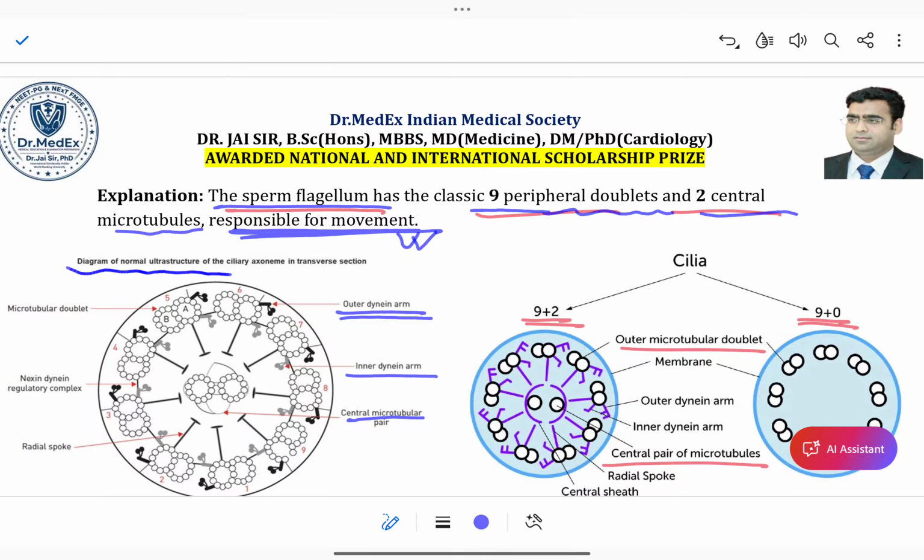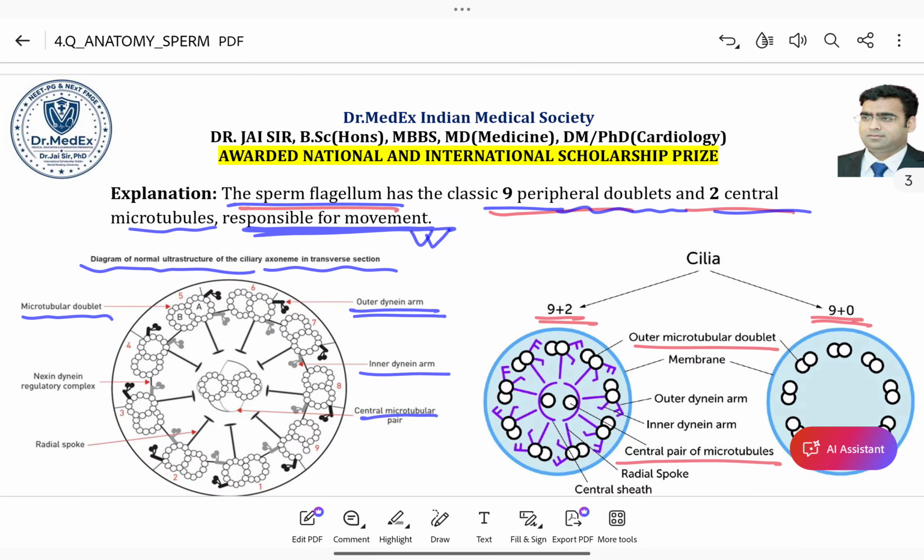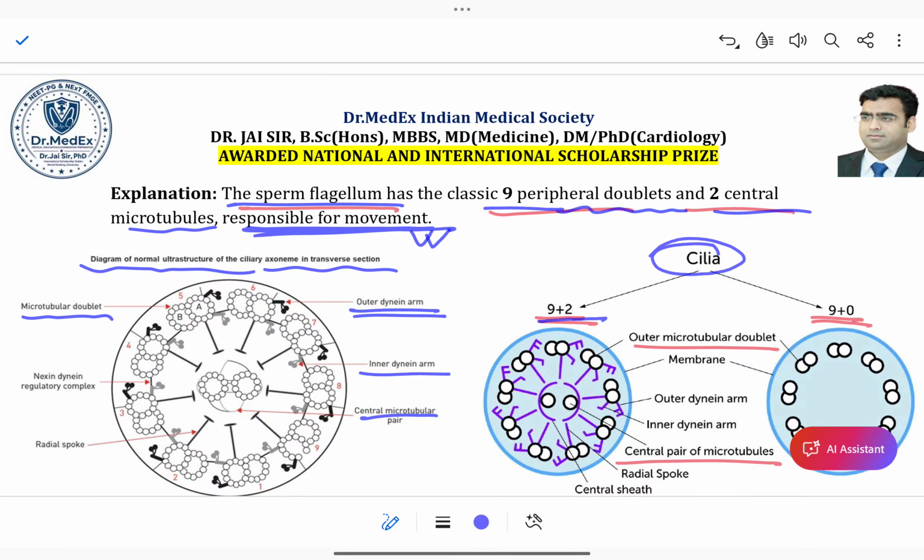This is a diagram of the normal ultrastructure of the ciliary axonemes in transverse section: microtubular doublets, nexin, dynein regulatory complex, and radial spoke. So this is all about the 9 plus 2 structure. See here, this is the cilia, 9 plus 2. Cilia have a 9 plus 2 arrangement, and there is also a 9 plus 0 arrangement, where there is no membrane.